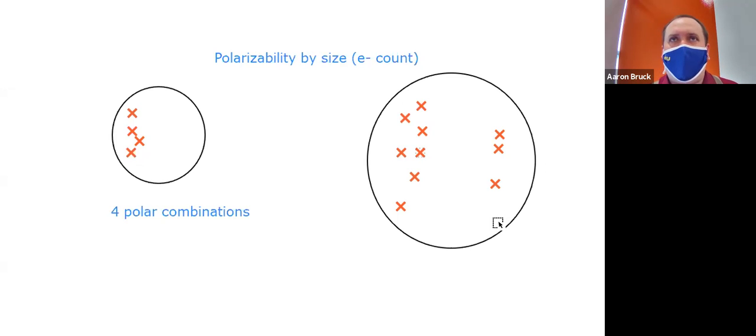I could flip that around. 8 on one side, 2 on the other. I could flip that around. 9 on one side, 1 on the other. Also the reverse. 10 on one side, and so 10, 9, 8, 7, 6 times 2, 10 different polar combinations.